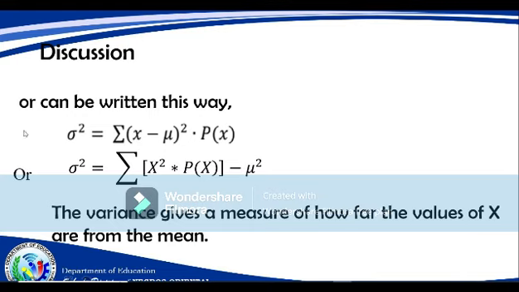Now, or it can be written this way. You can have this way, or the other way, this one. Okay, so I know that you are already familiar with the formula of the variance as well as the mean, because we kept on repeating this lesson. The moment we discuss interpretation, we also recall the formula. Now, the variance gives a measure of how far the values of x are from the mean.